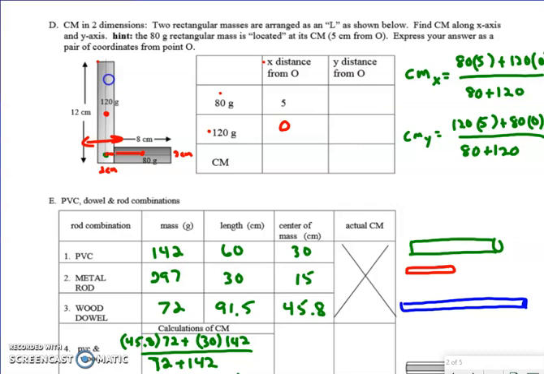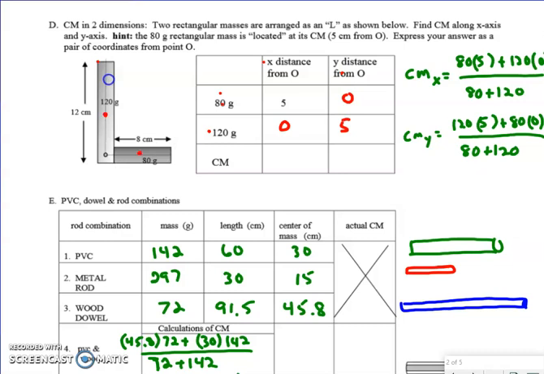Now, how far is the 80 in the y direction? The 80 is in line horizontally, so it's not above or below, so that's also 0. And how far is the 12 above here? You'd be tempted to say it's 6 above, but remember from here to here is 1, so it's actually also going to be 5. I know I made a mess right here, so redo that for yourself if you don't see where I came up with those numbers.